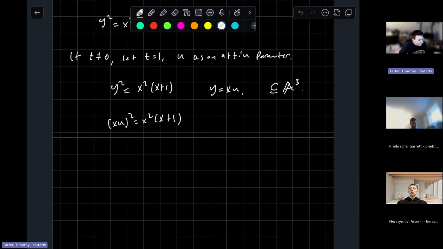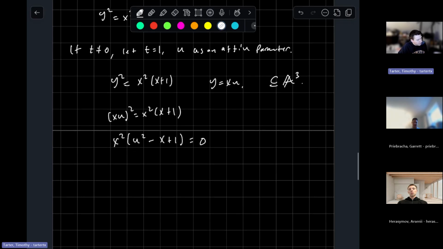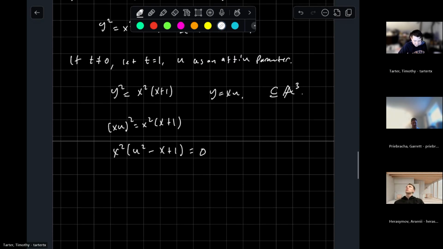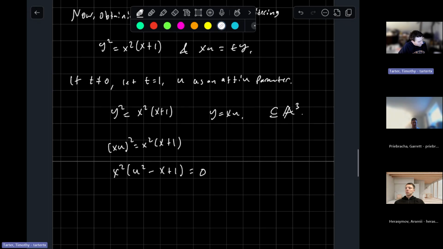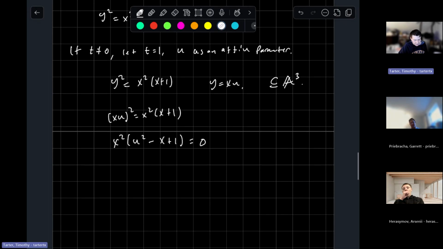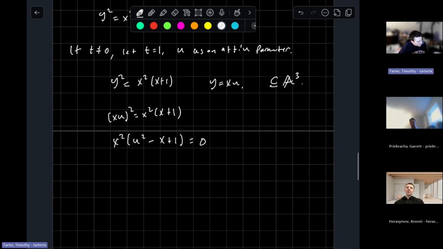And so then we get that x squared times u squared minus x plus 1 equals 0. And so we get two irreducible components. One defined by x equals 0, y equals 0, u arbitrary, which is E. The other defined by u squared is equal to x plus 1.